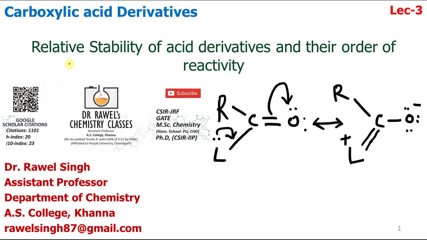Dear friends, today we will discuss the relative stability of acid derivatives and their order of reactivity towards nucleophilic substitution reaction. In our previous lecture we discussed that carboxylic acids can be represented by this structure and they undergo nucleophilic substitution reaction like this.